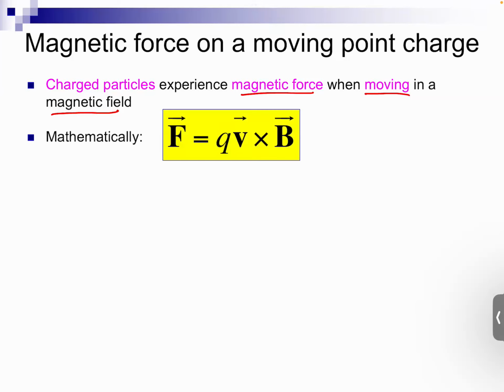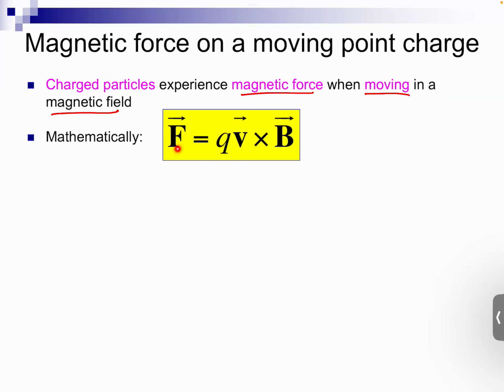So mathematically, we can represent that observation as being, if you have a charge Q that is moving with a velocity v in a region of magnetic field B, then that charge will experience a force F. And that force is, of course, the magnetic force that it experiences. So analyzing this mathematical equation, we have three vectors.